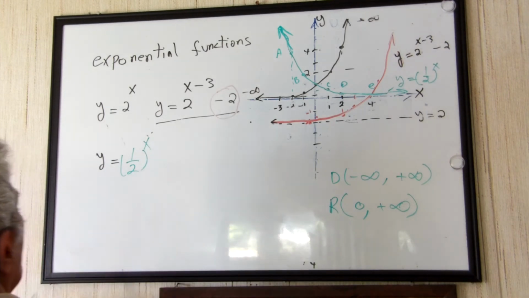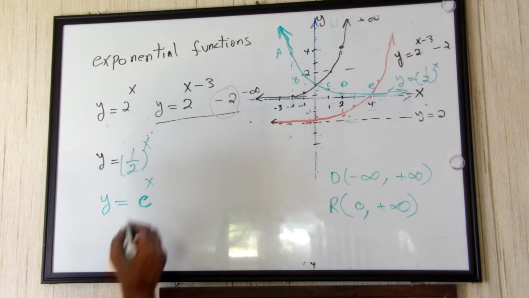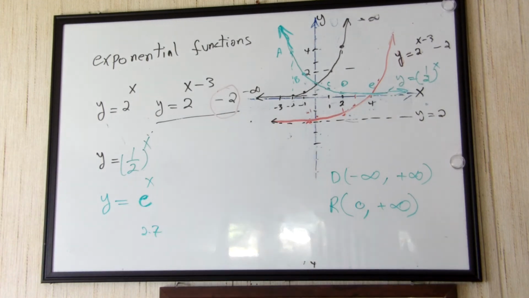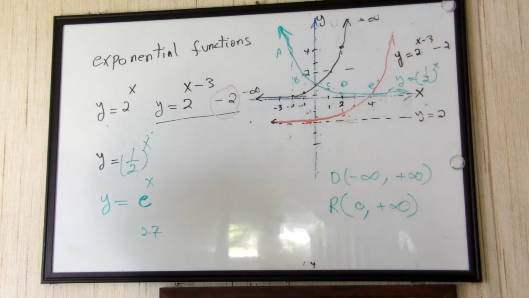Sometimes you have y is equal to e to the power of x. e is just a number, it's 2.7 something. It's actually just a number, just like 1 over 2 is 0.5.